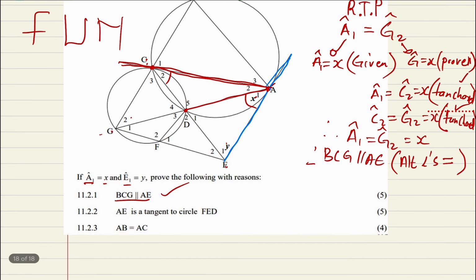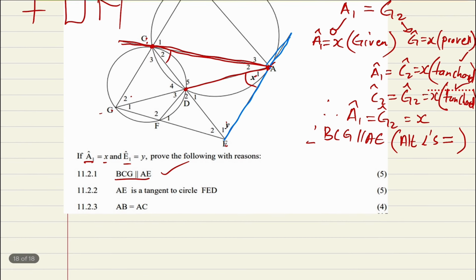Then I go to number 2. AE is a tangent to circle FED, and I'm proving that this one is equal to that one. I think that one will be simpler if I prove it like that.